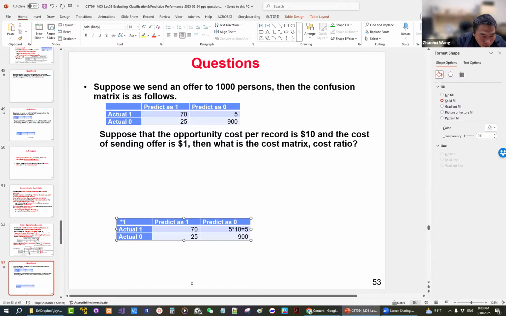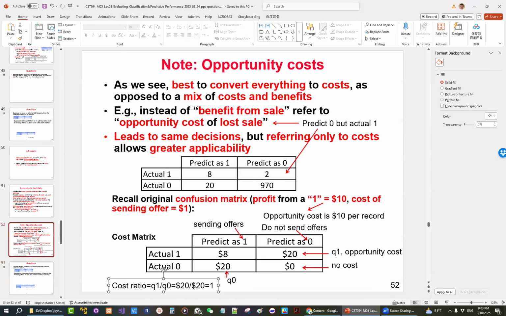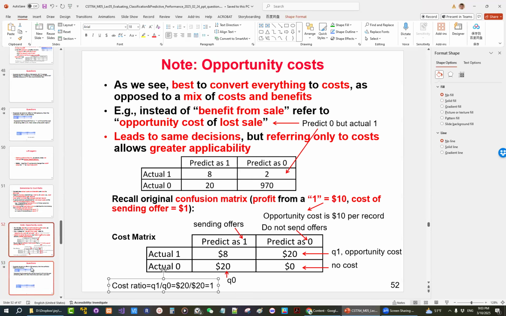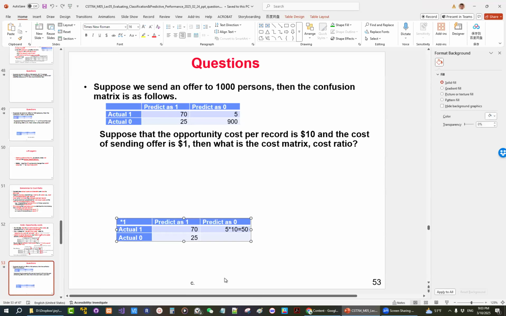So this will be 50. This does not have cost, no cost for this. And 25, all is 1. So this is the cost matrix. The cost ratio will be Q1 over Q0. Q1 is the 50 and Q0 is the 25.